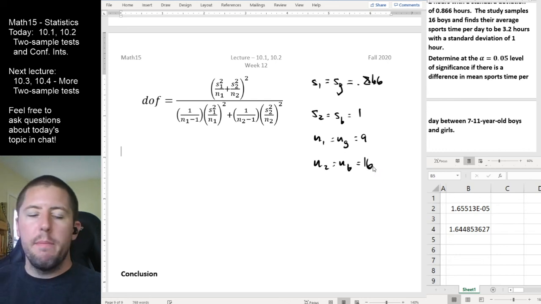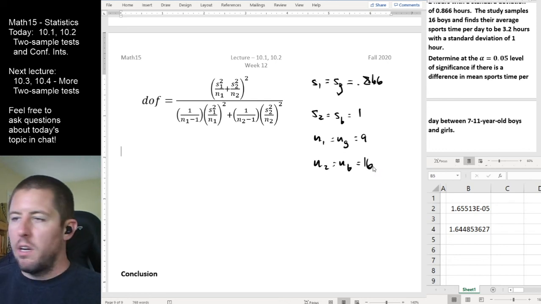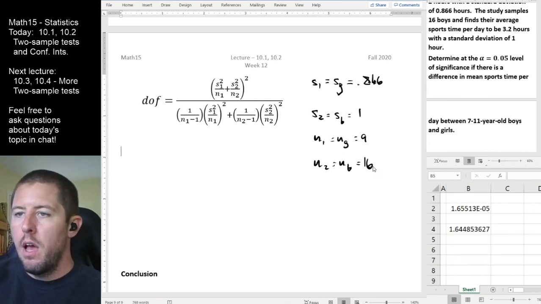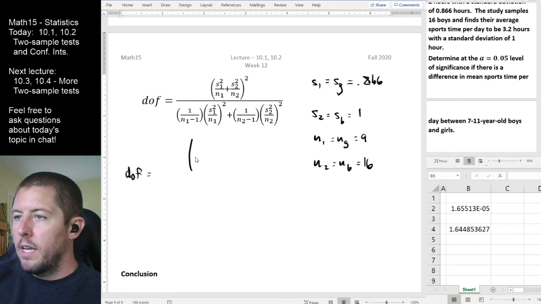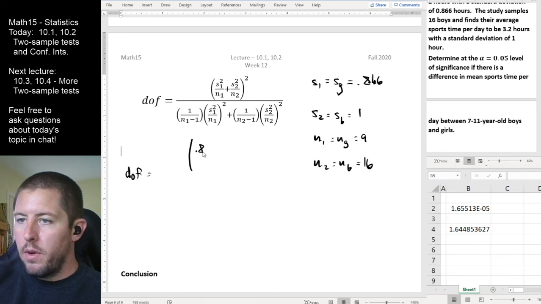I'm just trying to relate my 1s and 2s to my boys and girls here. I made 1 girls and 2 boys. So let's compute this degrees of freedom term. Up in the numerator, we're going to get S1 squared, 0.866 squared over 9, plus S2 squared, 1 squared over 16, and we're going to square that whole thing.